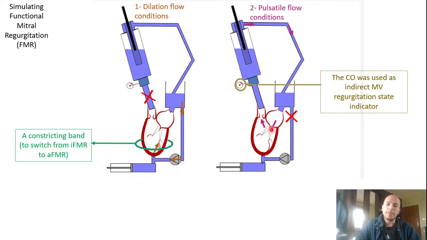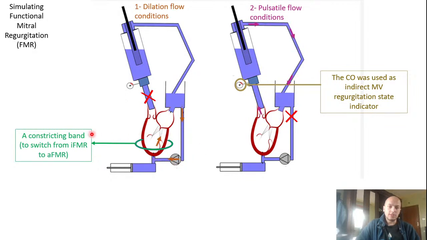So a workaround to solve this issue is to measure mitral regurg indirectly by measuring the cardiac output, because when the cardiac output decreases, it means that there is mitral regurg going on, assuming that the aortic valve is competent enough.